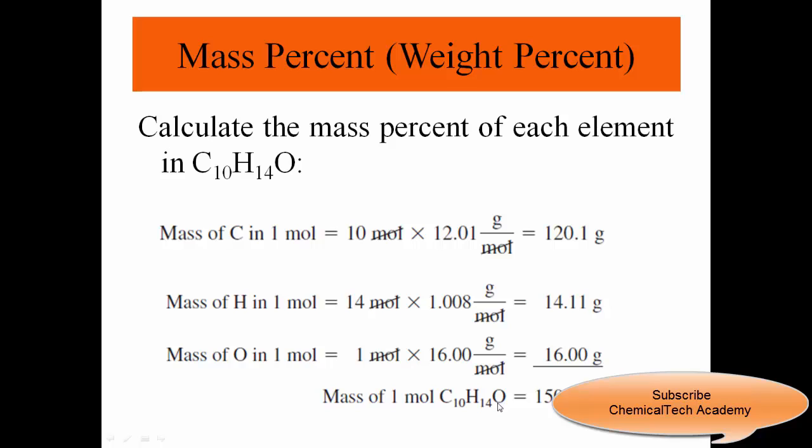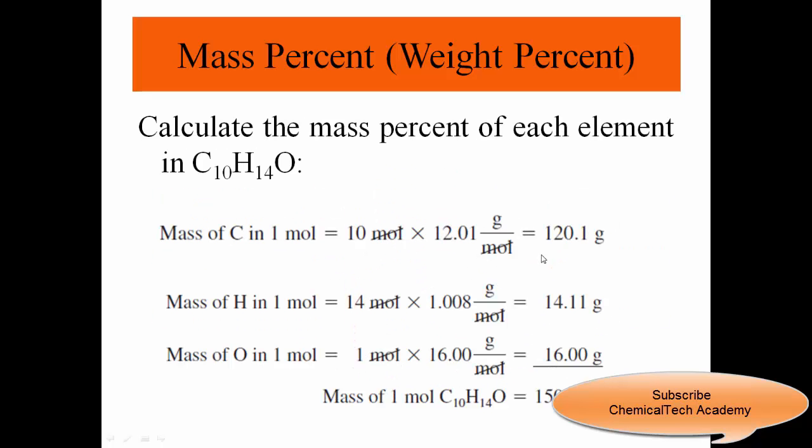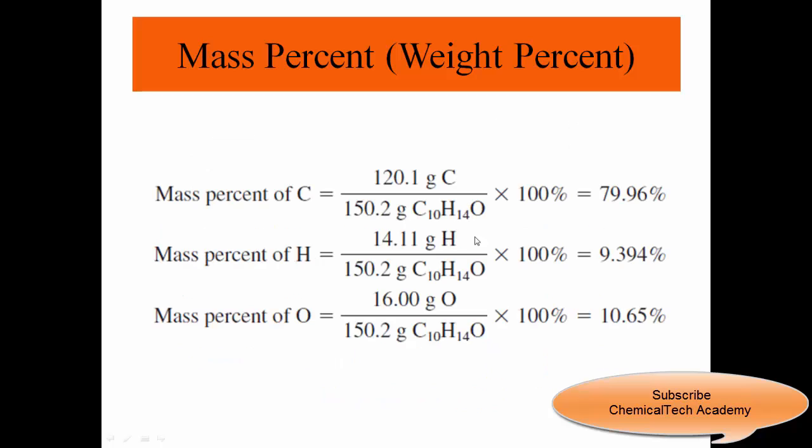So now let's see how to calculate the mass percentage for each of them. For the mass percent of carbon, in all denominators we have the molar mass. Carbon here we have 120.1, so 120.1 divided by 150.2 times 100%, we have 79.96%.